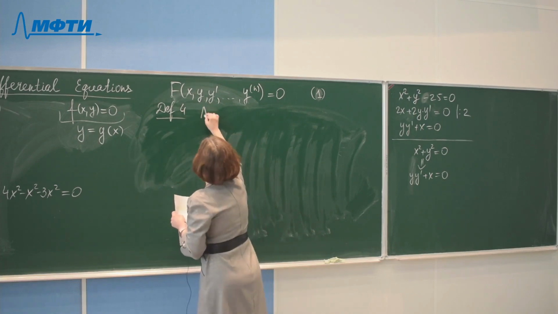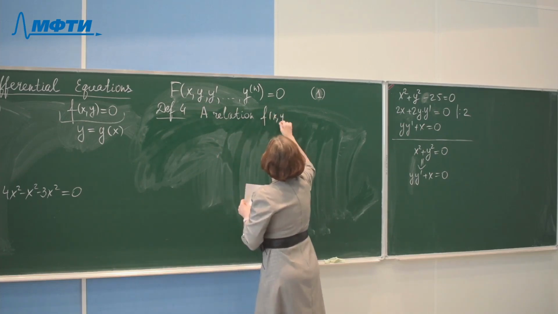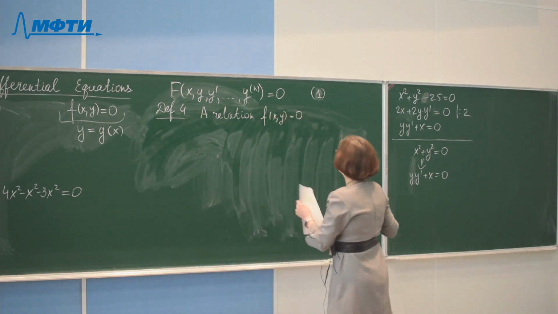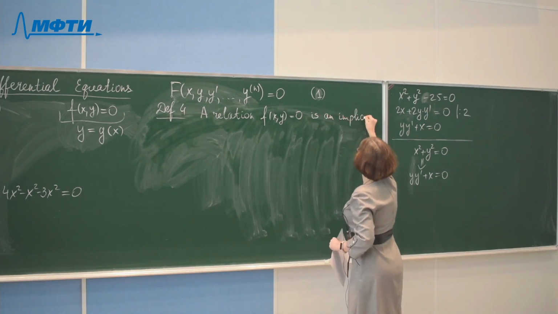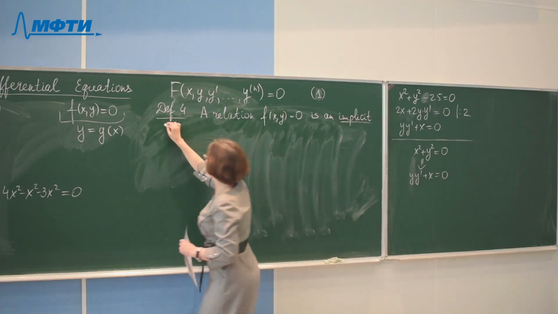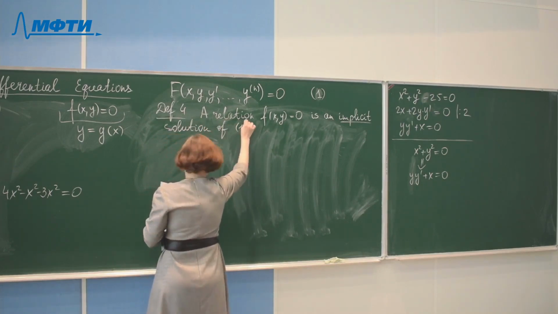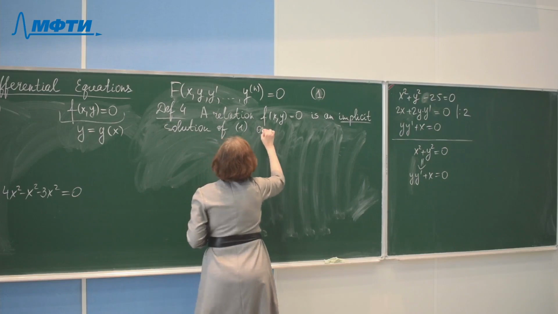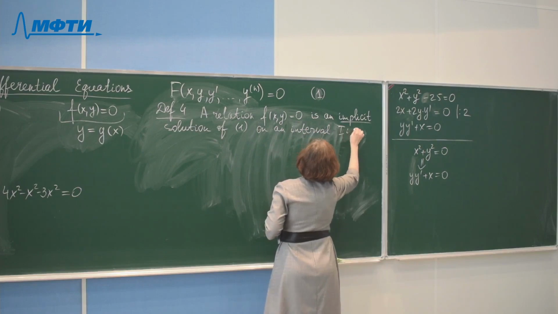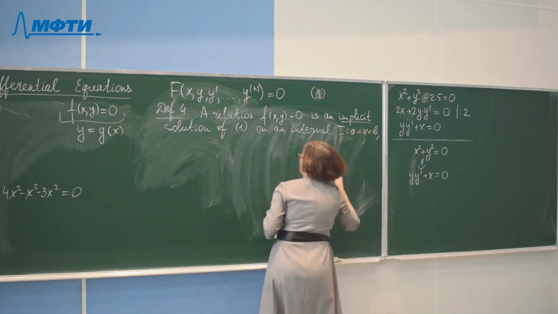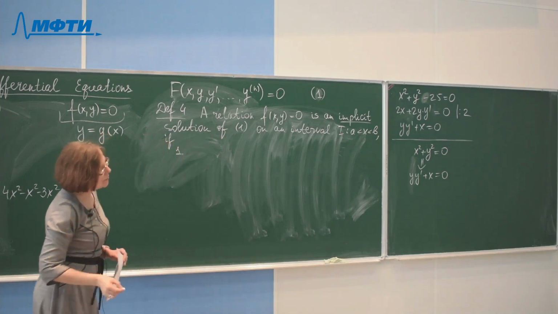A relation f of x y equals 0 will be called an implicit solution of the equation on an interval if, requirement number 1.